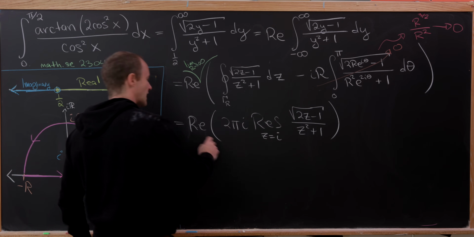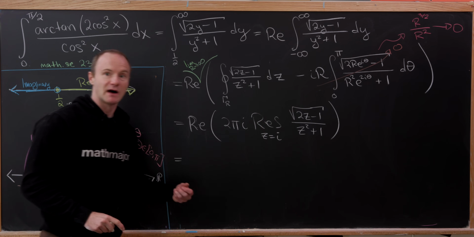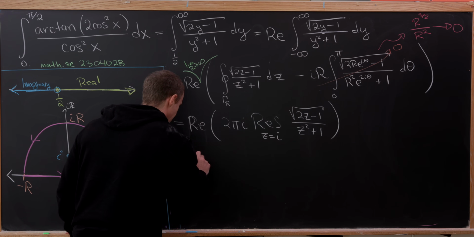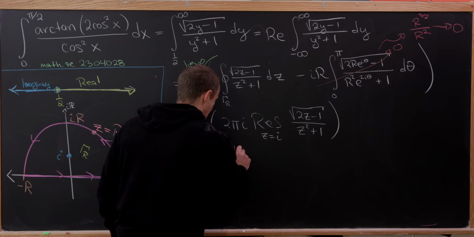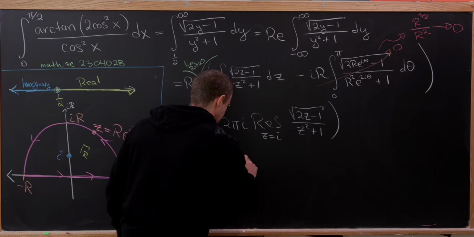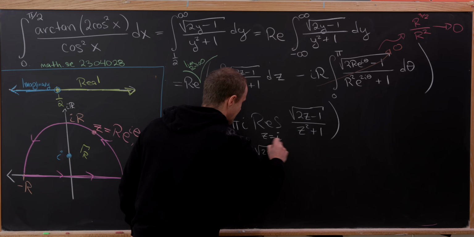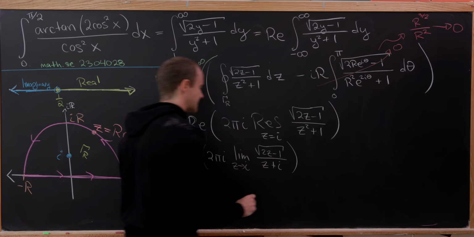Okay, but then this residue formula involves multiplying by z minus i and then taking a limit. And so in the end, we'll have the real part of 2 pi i, and then we'll have the limit as z goes to i of root z times (2z minus 1) over z minus i, or sorry, z plus i.